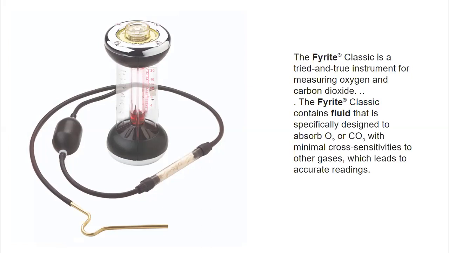So this is the principle of it. Generally, this Fyrite instrument can measure the oxygen content and carbon dioxide. Now, why measure oxygen and carbon dioxide? As I already told you, by measuring the oxygen and carbon dioxide, you get to comment on the phenomena of combustion in the boiler system, in the furnaces, right?